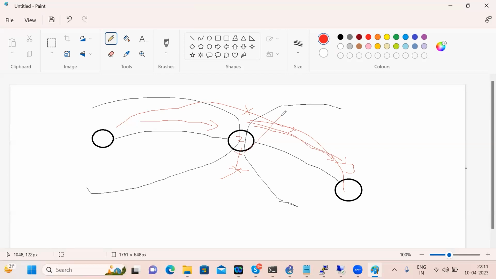Any doubt? Sir, in BGP we have to do it this way, but in IGP protocols like OSPF, that feature is by default.